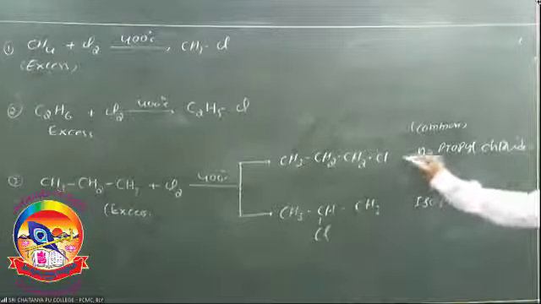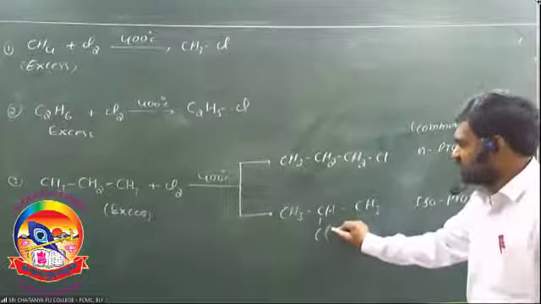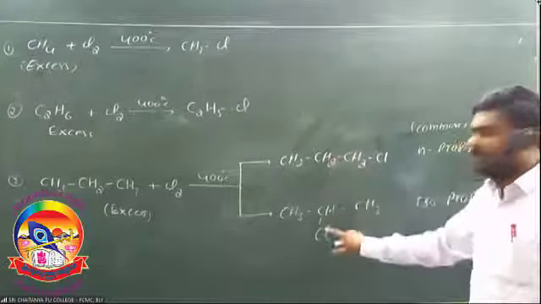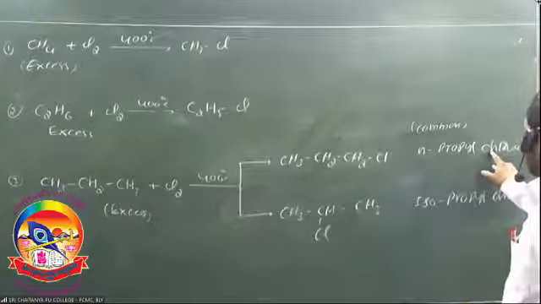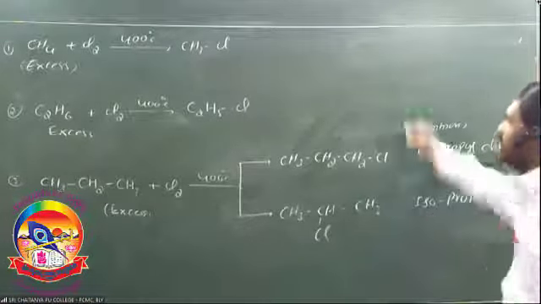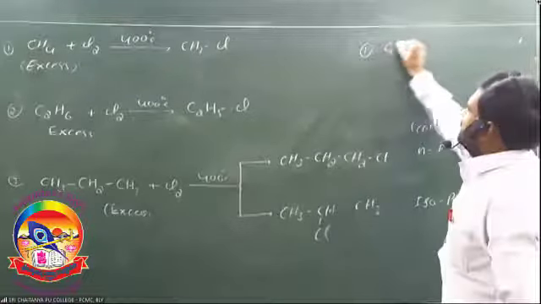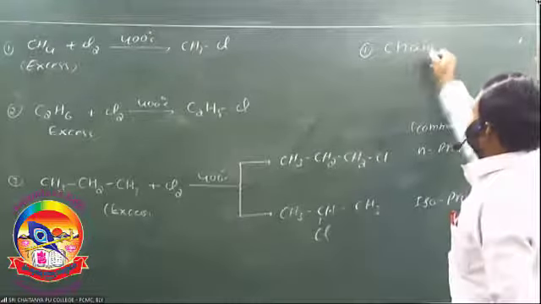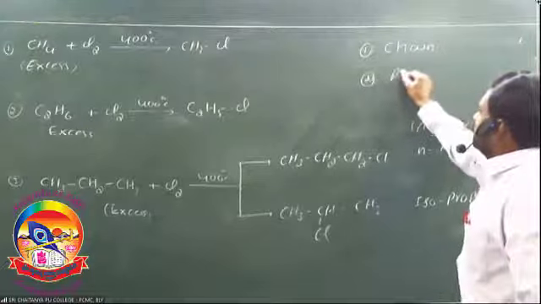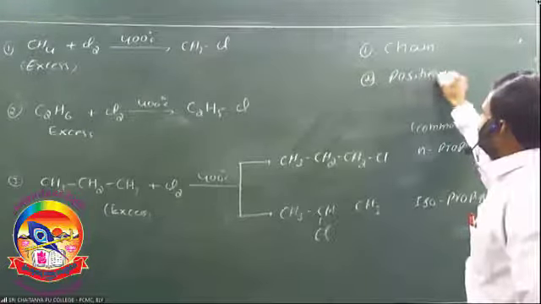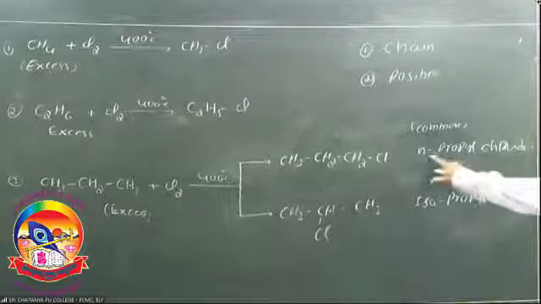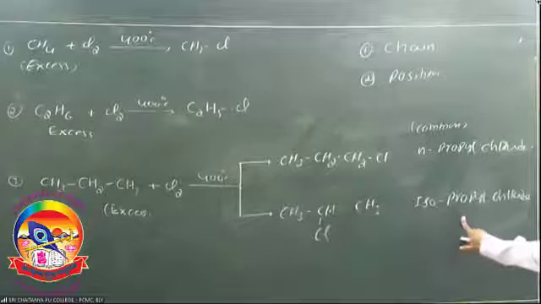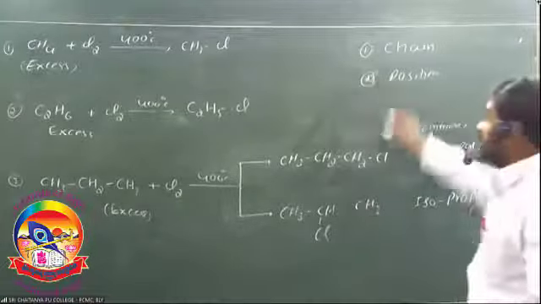Let's call them compound A and compound B. A and B are isomers. Are they chain isomers or position isomers? They are position isomers, but not chain isomers.